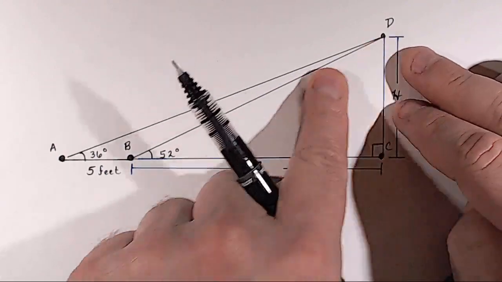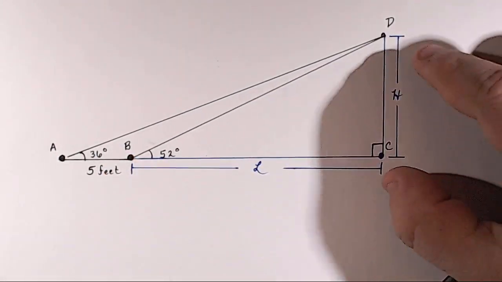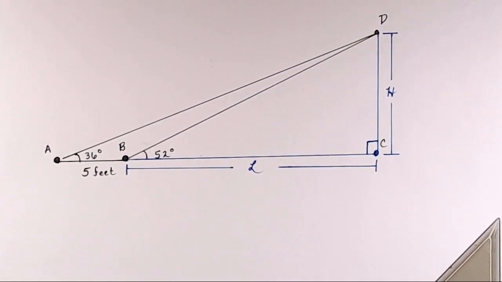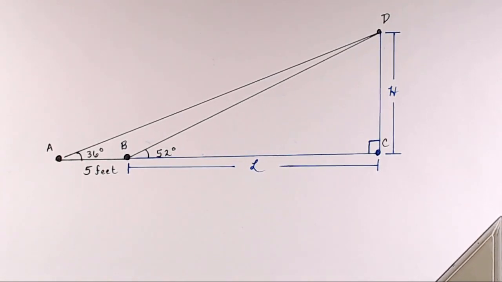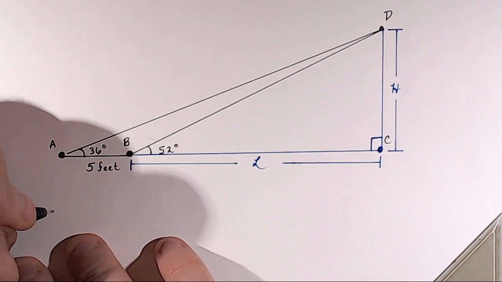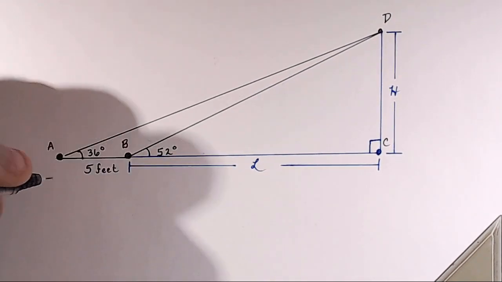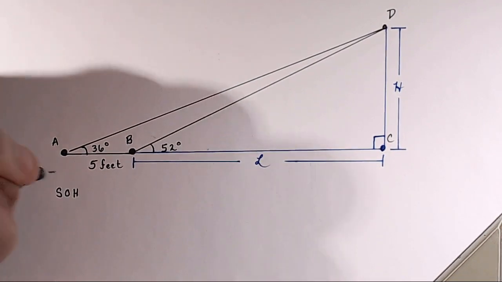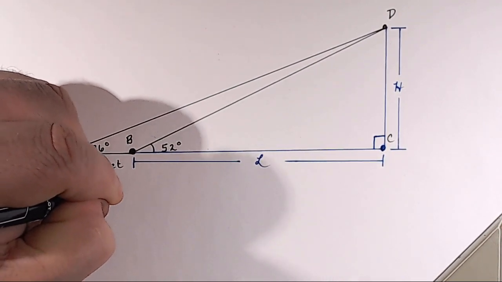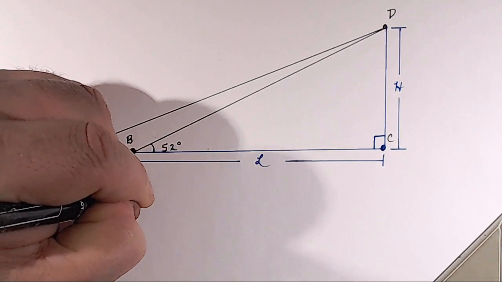This smaller triangle, DBC, also has this DC as the height. So let's think about the SOHCAHTOA mnemonic.